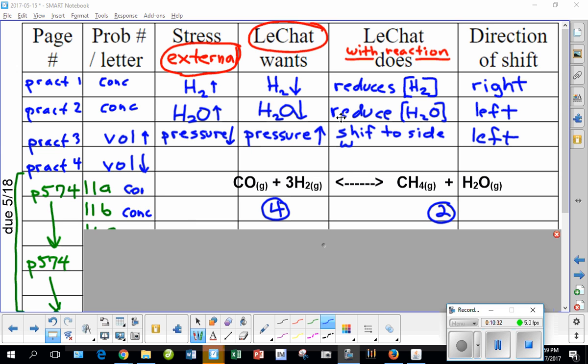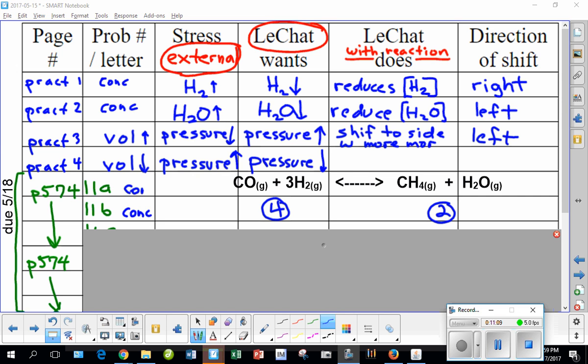All right. Now we do the balloon. Here we go. Pressure is what? The stress is volume went down. What happened to the pressure? It went up. You know it went up. First-hand experience. So Le Chatelier, again, wants to do the opposite. Pressure down. And he's going to shift to the side with more moles here to increase the pressure.